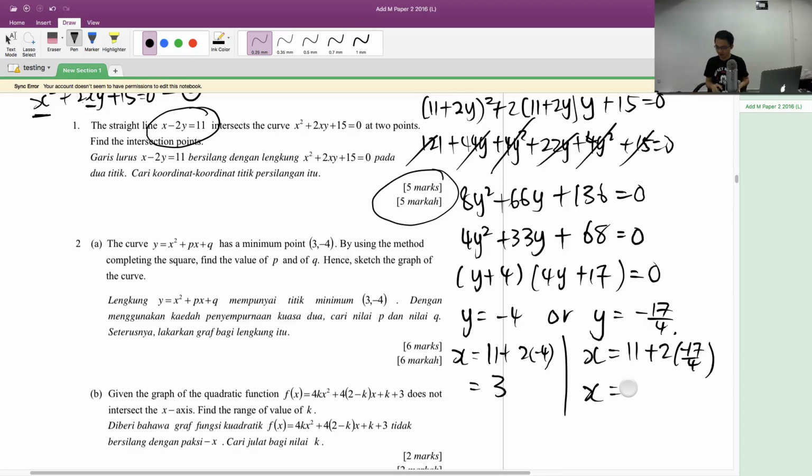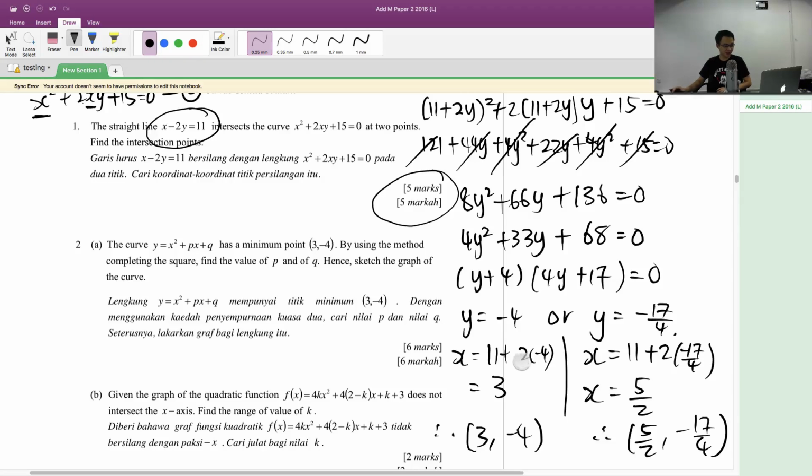You should get a nice answer: 11 minus 34/4, which is 5/2. So therefore you have two coordinates. One is (3, -4). The other one is (5/2, -17/4). Is that my answer the same as yours?